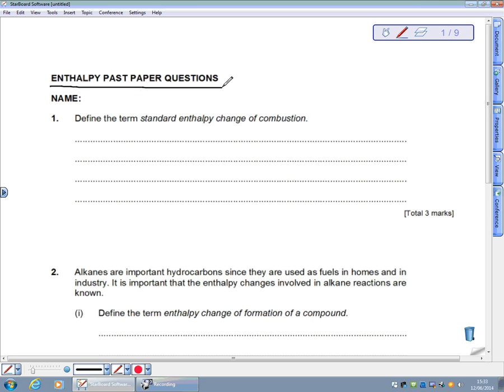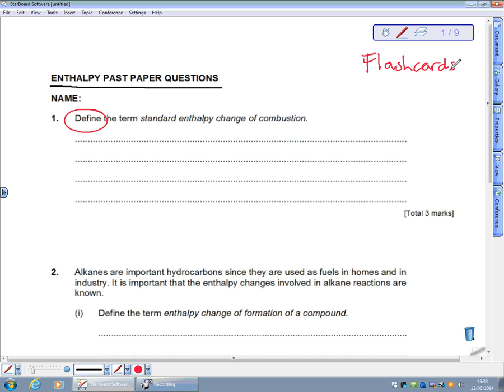Okay, the first question is a definition. Definitions are very important in the enthalpy part of this course because they are very precise and you need to make sure that you have learnt them off by heart. My suggestion is that you write flashcards for all of your definitions, and you can get those definitions from your textbook or from the syllabus.